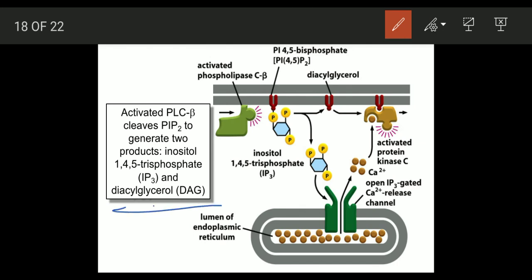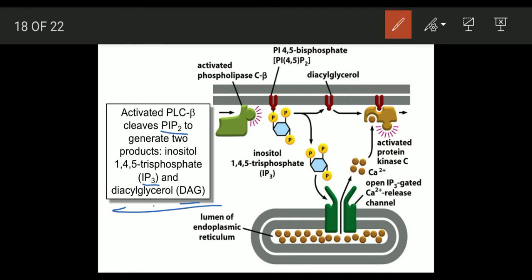This is the important concept here, guys. Try to understand. Actually, the work of lipase is to break down lipid, and this is the lipid complex PIP2, which breaks into two products. They are IP3 and DAG.